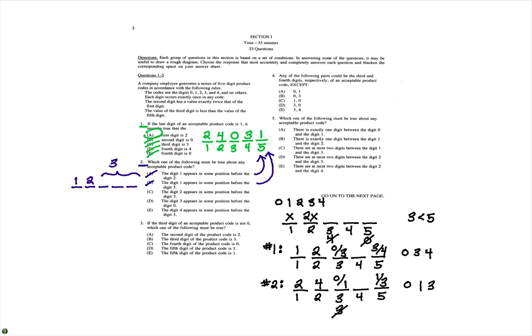The other scenario being that 2 comes first and 4 comes second. Again, 3 would be after 2 somewhere. So you notice C must be true, and C is the correct answer. 2 must always appear in some position before digit 3.